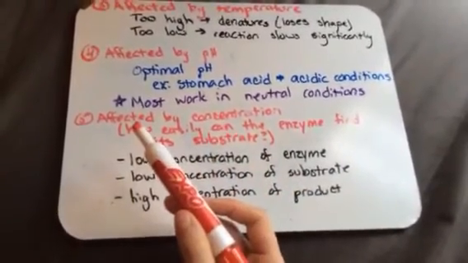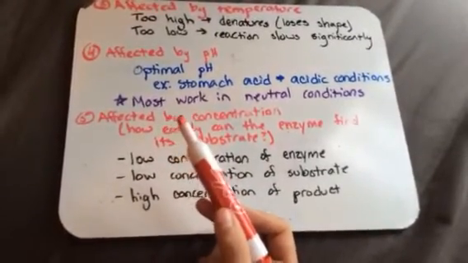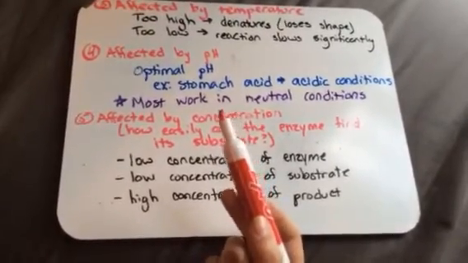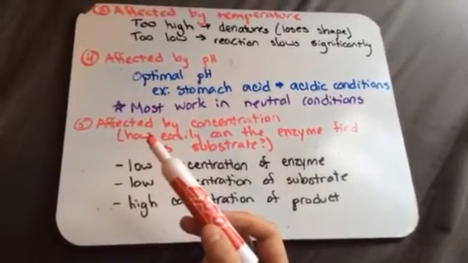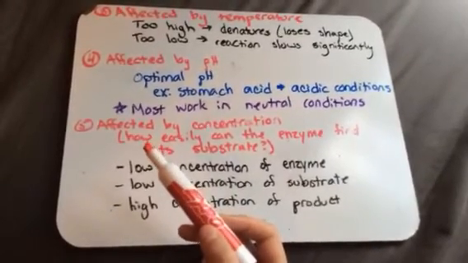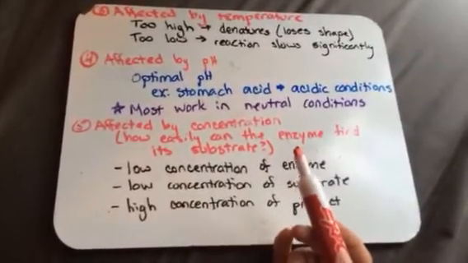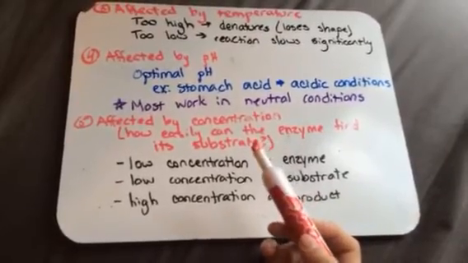The last one is enzymes are affected by their concentration, or by not just their concentration, but concentrations of specific things in general. And the reason for this is an enzyme's speed of reaction depends on how easily it can find the substrate. So how easily can the enzyme find its substrate?